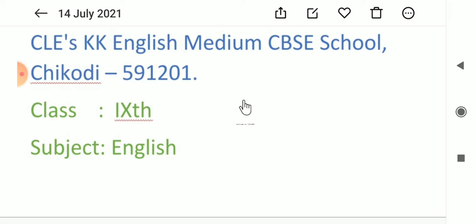From the NCERT textbooks, one is the English language. The English language that you are going to learn here will help you very much in each and every skill. How will it help? It will help you in each and every subject. Yes students, you are thinking right. It will help you in each and every subject.